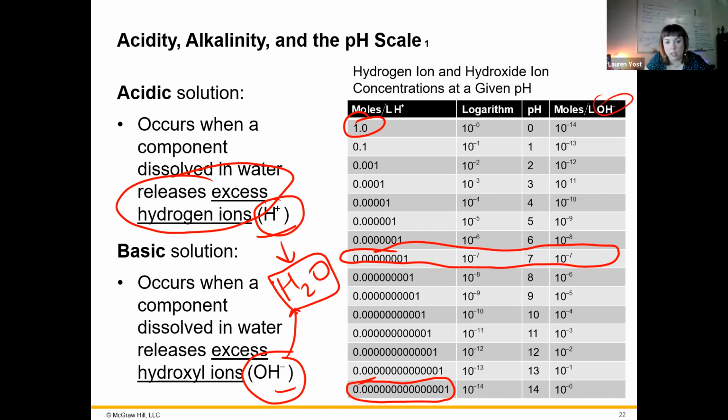So this is interesting. They're equal here, 7 and 7. That's why it's neutral. So the more hydrogen ions we have, again, this is the measure of the hydrogen ions over here. The more we have, this is an increase, right? So this is clearly less than this is.